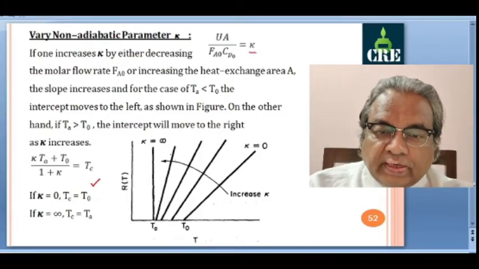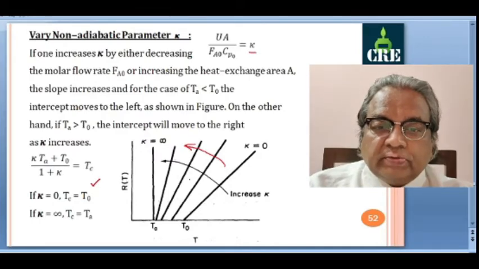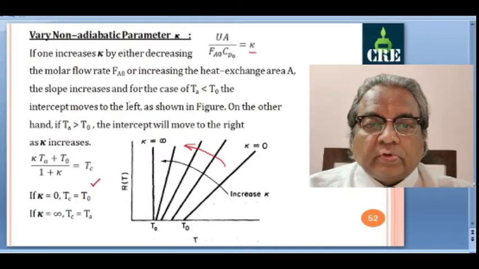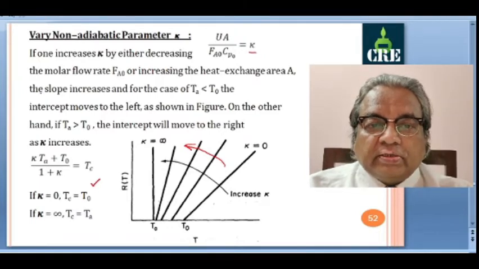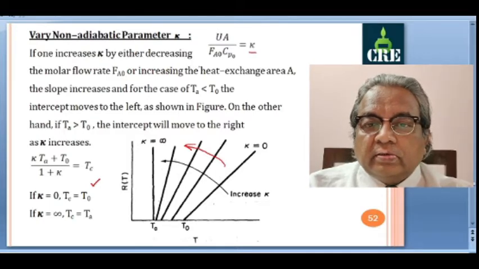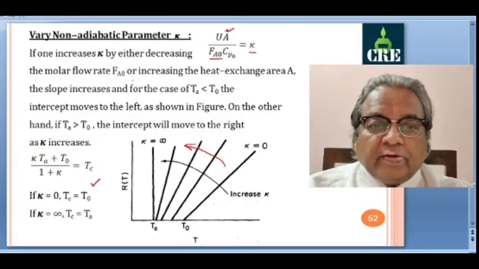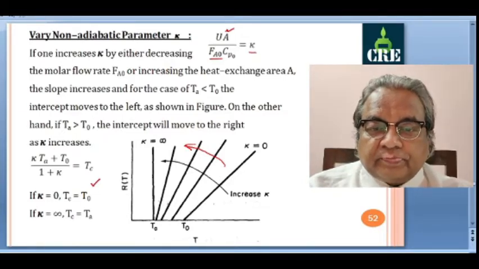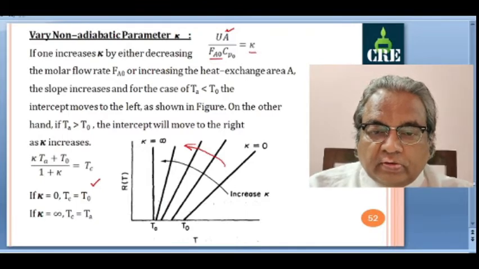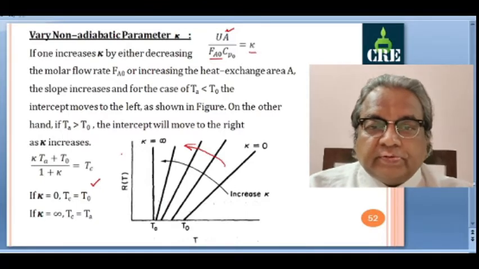In between, the slope is increasing in this direction. So one can increase kappa either by decreasing the molar flow rate or increasing the heat transfer area, and the slope increases. For the case of Ta less than T0, the intercept will move towards the left. Here it is moving, and the slope is changing.